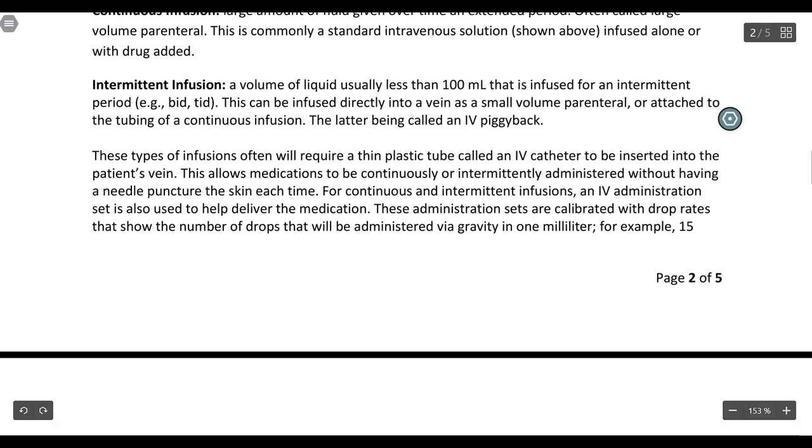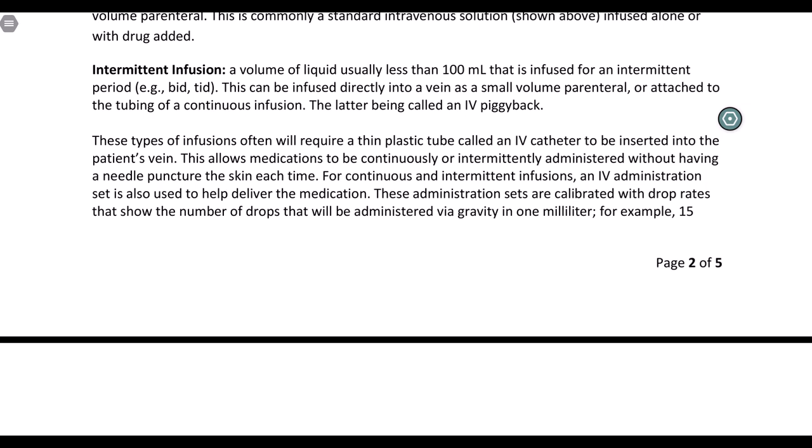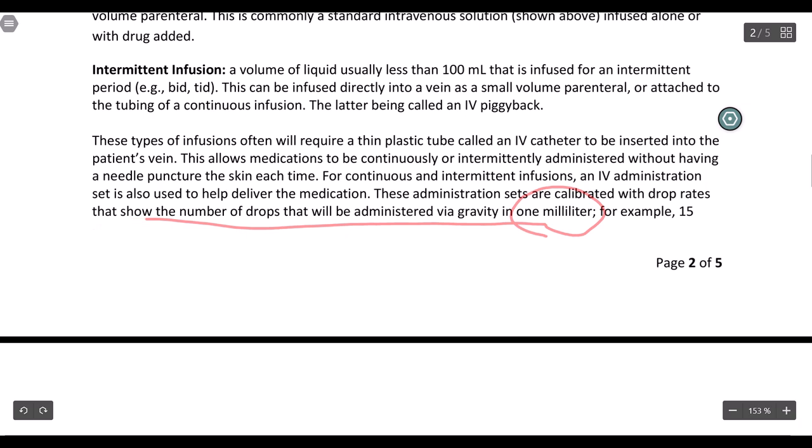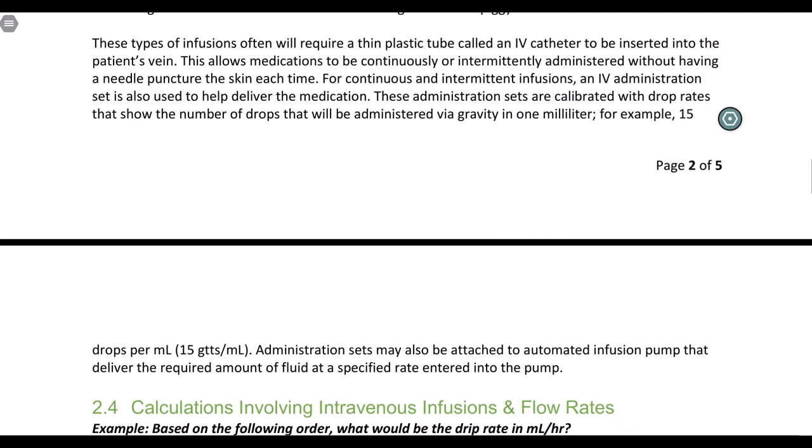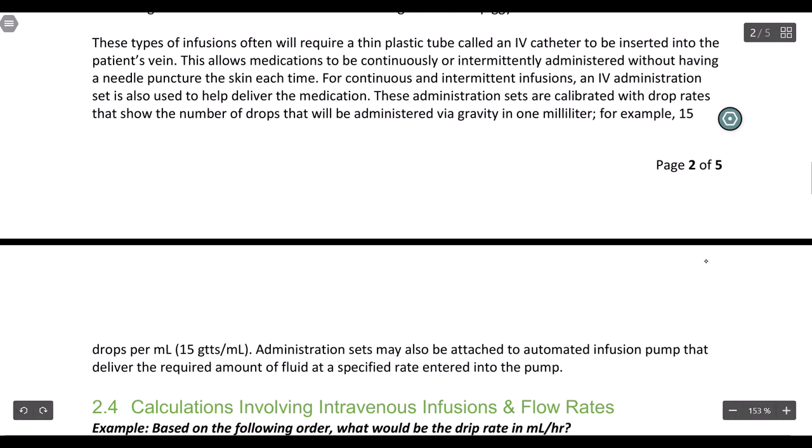So that's why we have those little tubing that we're going to be using, and we're going to be giving that in an IV line, where you'll see drops that are being done. Right? The drop rates, right? The number of drops that will be falling that require 1 mL is what we usually see. So the IV lines are usually set so that they have a certain number of drops per mL.